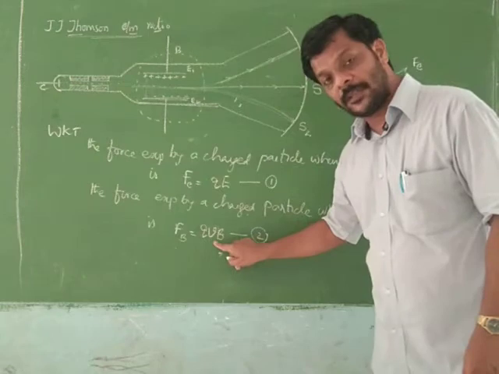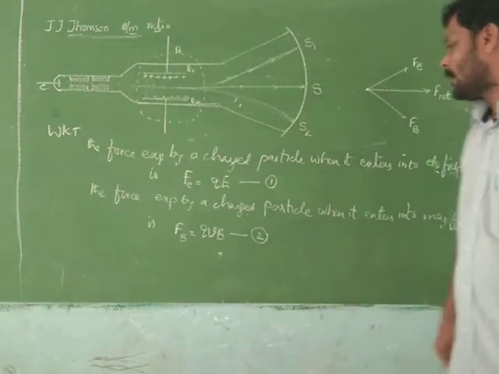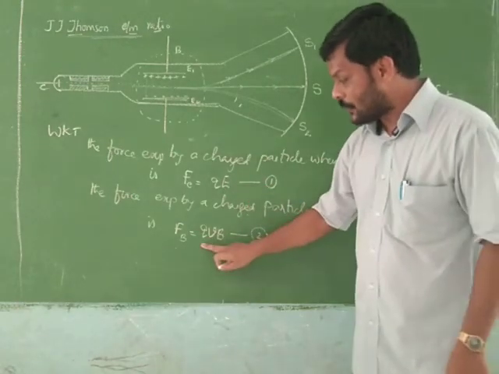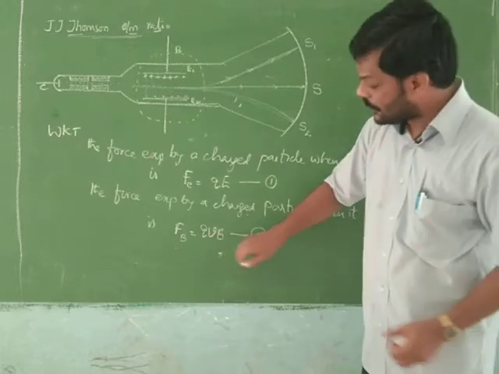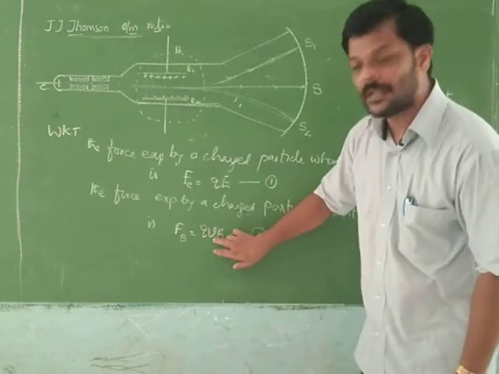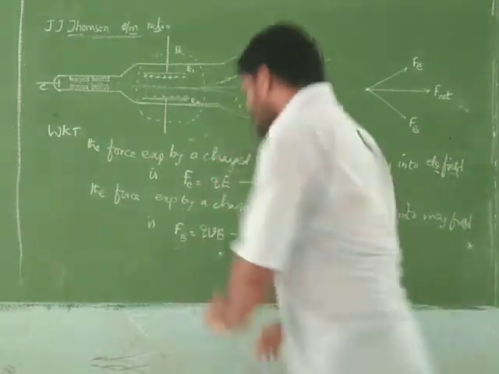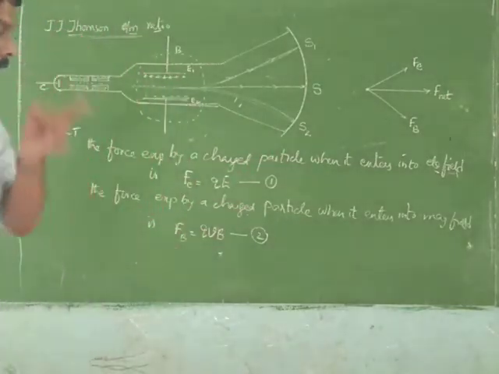This is the force experienced by a charged particle entering a magnetic field B. B is the magnetic field strength, E is the electric field strength, Q is the charge, V is the velocity. The only difference is we have an extra term, velocity, here. Otherwise both are the same. Why velocity came, you will learn in the magnetism chapter.